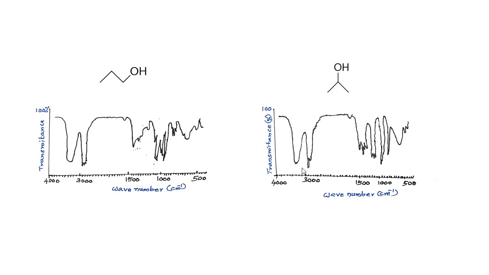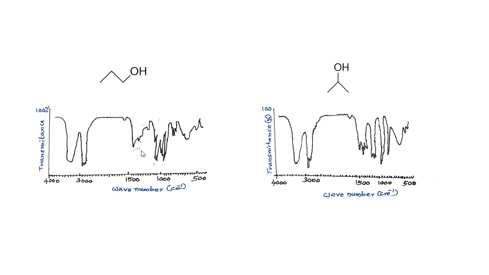Then you can see there is a strong band at around 2900 centimeter inverse in both cases because of the carbon hydrogen sp3 stretch. So we can say similar spectra are obtained in both of these cases in the functional group region.